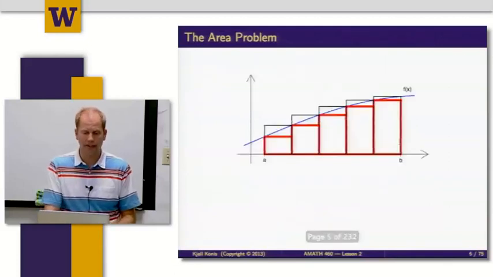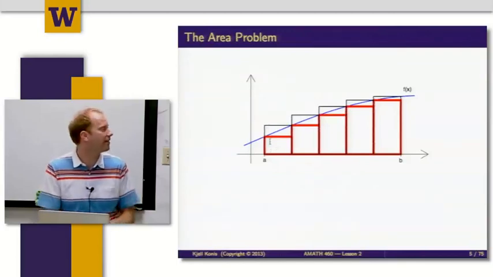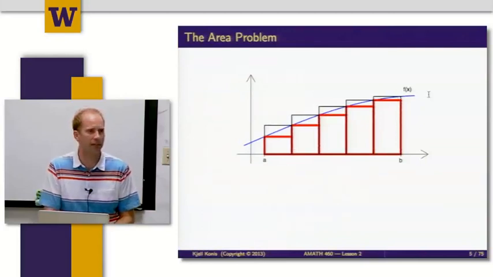But the approach we're going to take is to make a lower bound for this area and an upper bound for this area. The lower bound is going to be these red rectangles. I've made this diagram a little bit simpler by making the curve upward sloping everywhere. So I'm going to evaluate the height of the rectangle at the left side of each rectangle, and that means that each rectangle is completely below the curve.